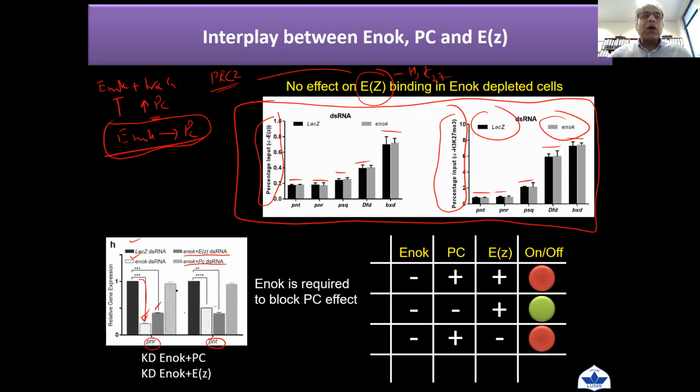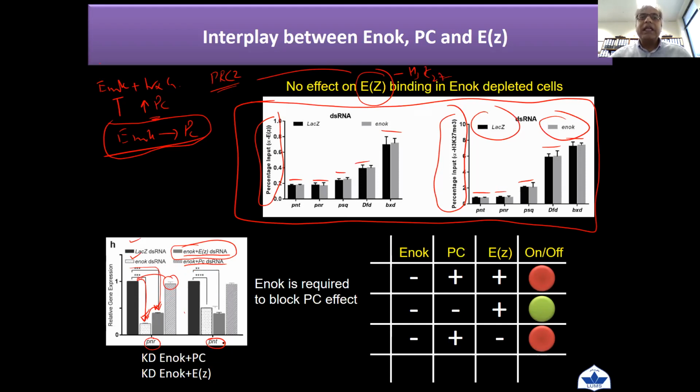When you knock down Enoch plus E(z), double knockdown, you still don't see much difference from the single knockdown. However, when you have Enoch and polycomb double knockdown, you see it's just like wild type.